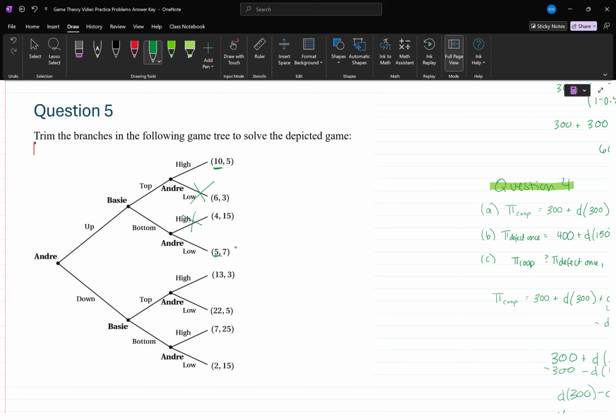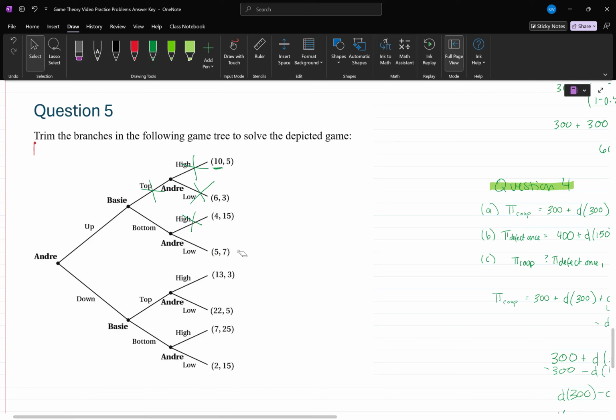So we can trim that high branch for Andre. And so now what we want to do for Basie is compare the payoffs from when she plays bottom and Andre plays low compared to when she plays top and Andre plays high. So we can see that 7 exceeds 5. And so we're going to go ahead and trim that top high branch for both Basie and Andre. And we see that if Andre plays up, Basie will play bottom and Andre will play low.